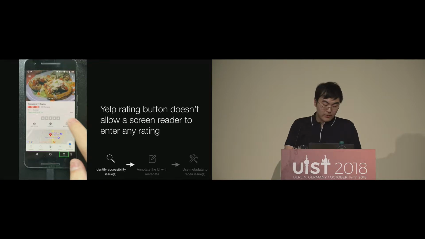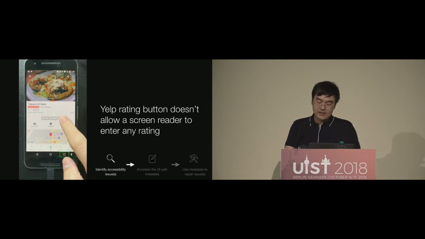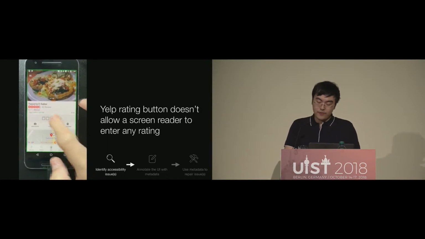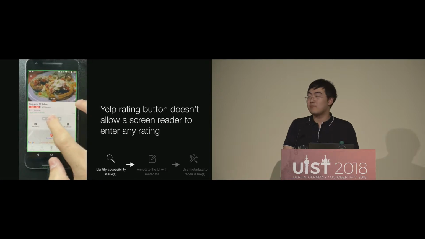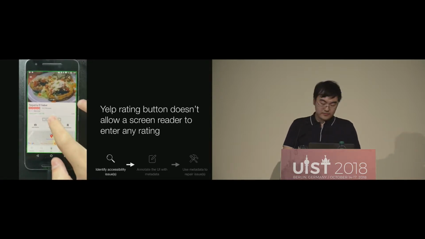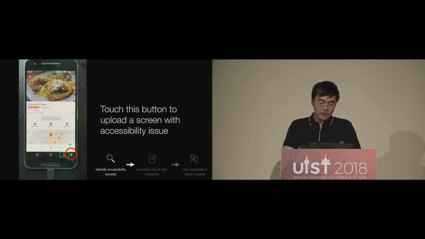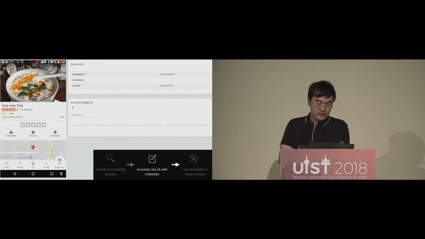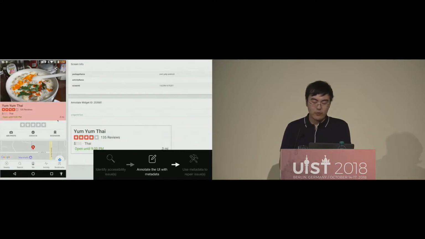In this example, the person detects the issue I just mentioned before. The screen reader cannot access the star rating button, and therefore, the user cannot write reviews, which is a main feature of Yelp. We developed a tool to allow reporting accessibility issues by touching the bottom right button to upload the screen and the related metadata on that screen. Then a person can annotate the app with the correct metadata on our web interface.